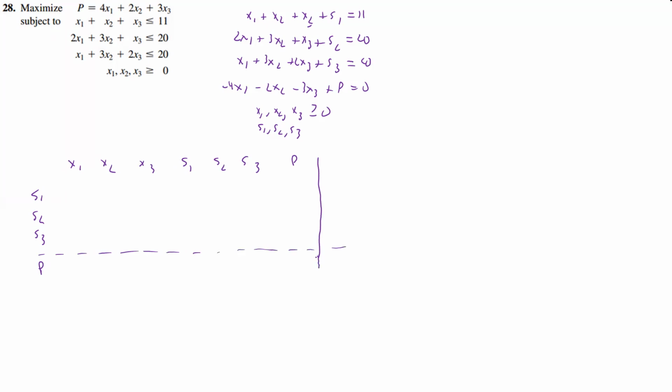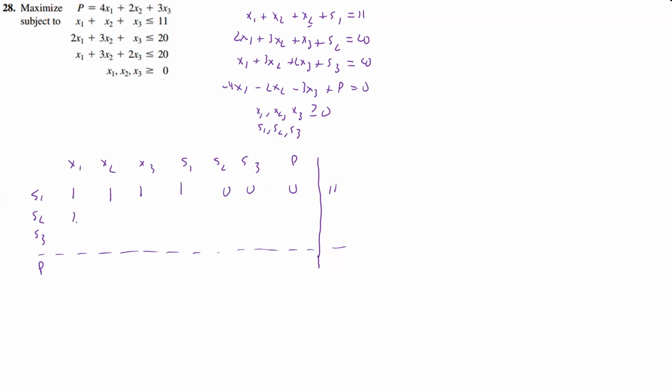Probably not going to get two in a row, but that's okay. Now we just write our constants. We have a 1, a 1, a 1, a 1, a 0, 0, 0, and 11.